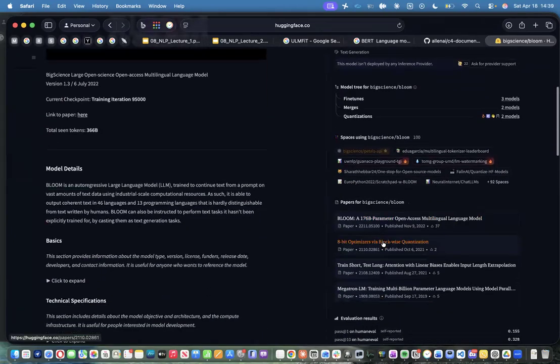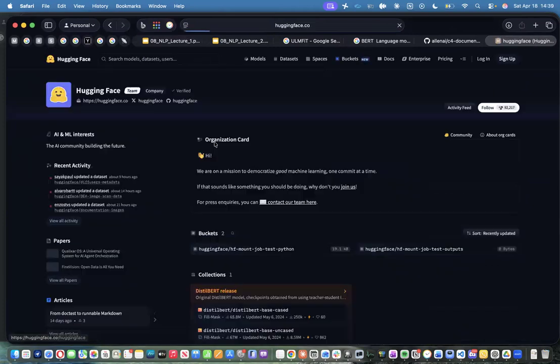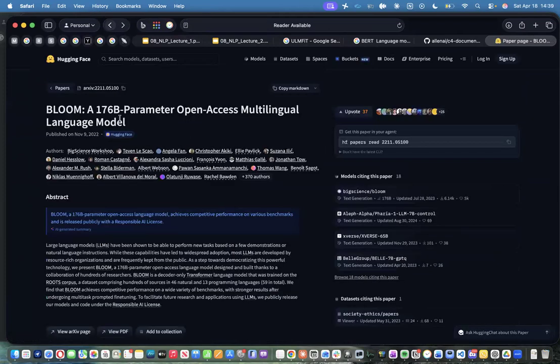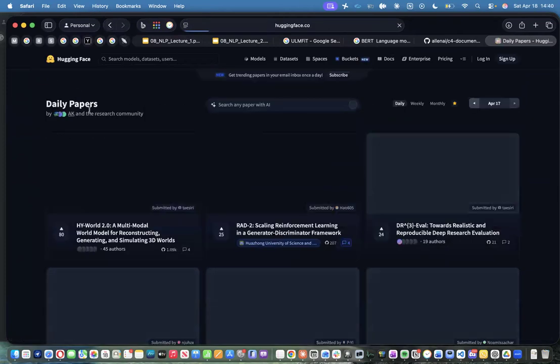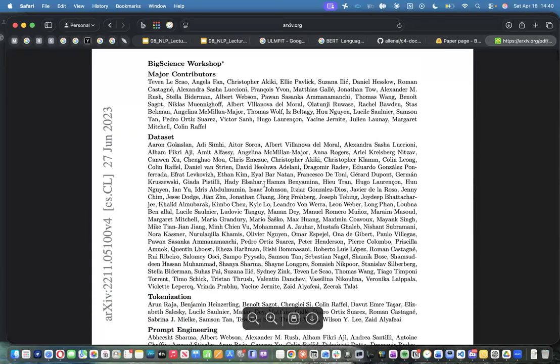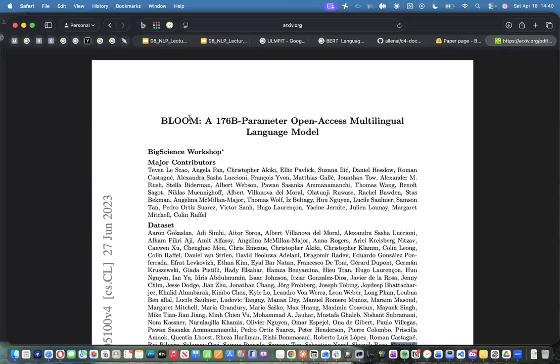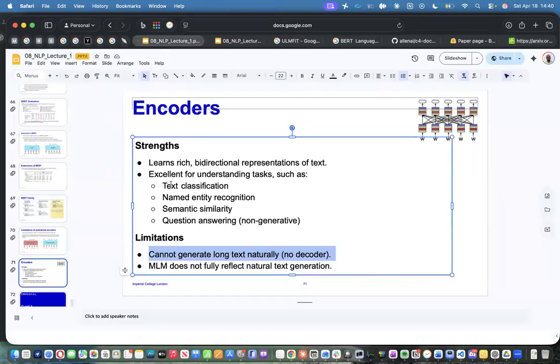And for Bloom, if we look at the paper as well, this is a highly collaborative work. I think I'm part of the work on this Bloom. If you look at my name here, Shamsuddin Hassan Muhammad, this is a project that took a year, Bloom, the Big Science Workshop, to create this language model. So it is also a decoder-only model.